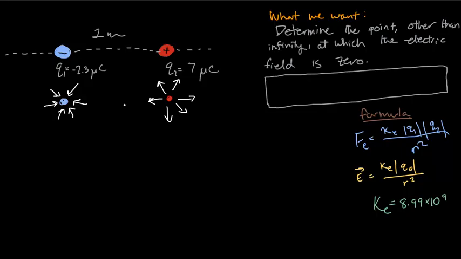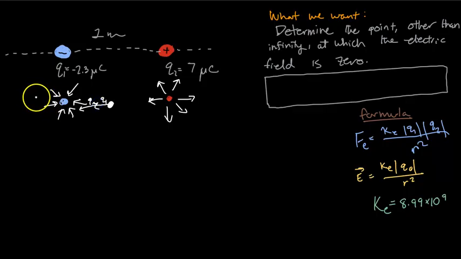So if we have a point somewhere in between, we will have a force going this way, and then we'll have another force going this way. One of these will be from Q1 and one of them will be from Q2.